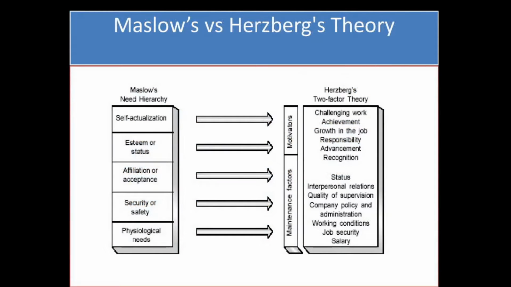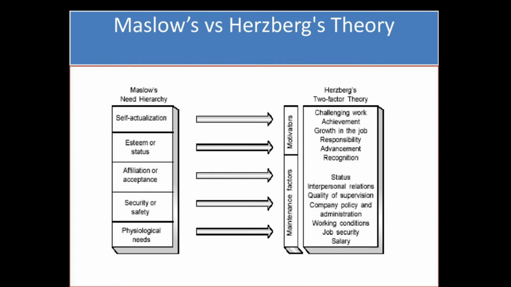Okay, and comparison of Maslow's with Herzberg's theory. Here we are talking about Maslow's needs and Herzberg's two-factor theory. In the motivators column: challenging work, achievement, growth in the job, responsibility, advancement, recognition. All that will be there in the motivators column.